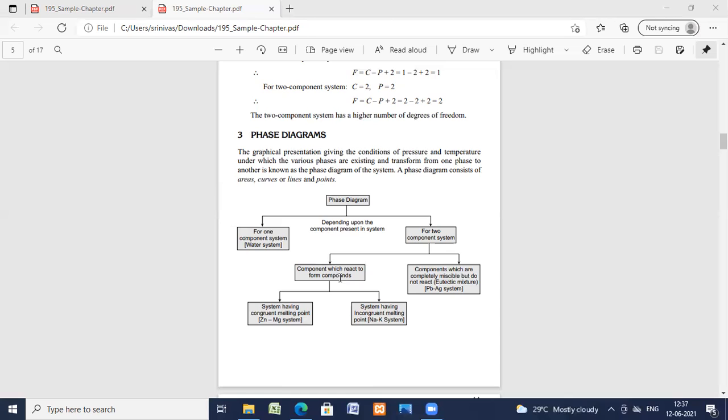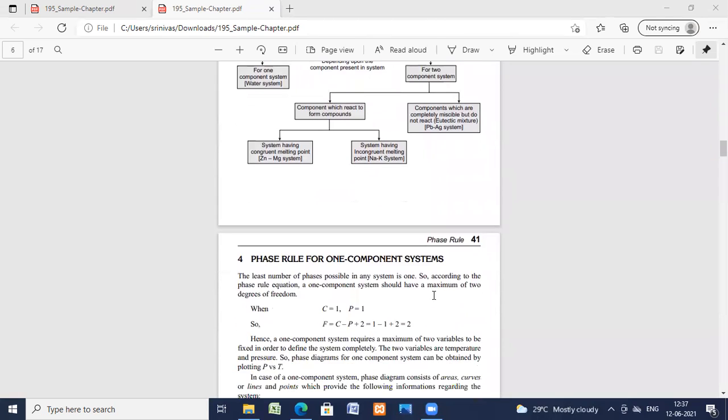Under reacting component systems, one is congruent and the other is incongruent: congruent is zinc and magnesium, incongruent is potassium and sodium. Next, the components which are completely miscible and do not react form a eutectic mixture; the lead silver system we can take. These two components don't react.